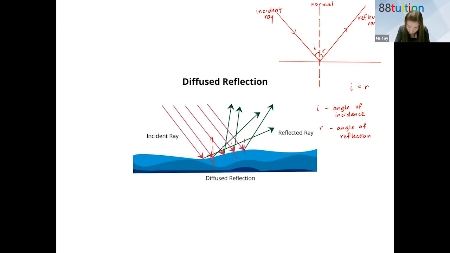It really depends on which part of the surface it is touching. Clear? So because every ray is going to have its normal, and then the reflected ray will move accordingly based on the angles of the incidence and the angle of reflection. Any question here? No. So you need to learn how to draw this. Yeah.